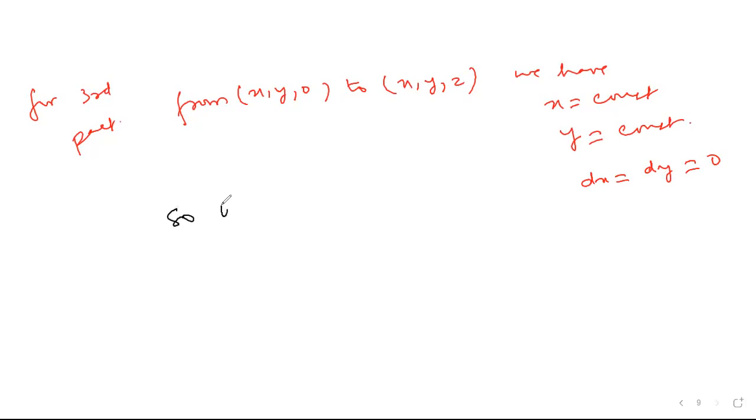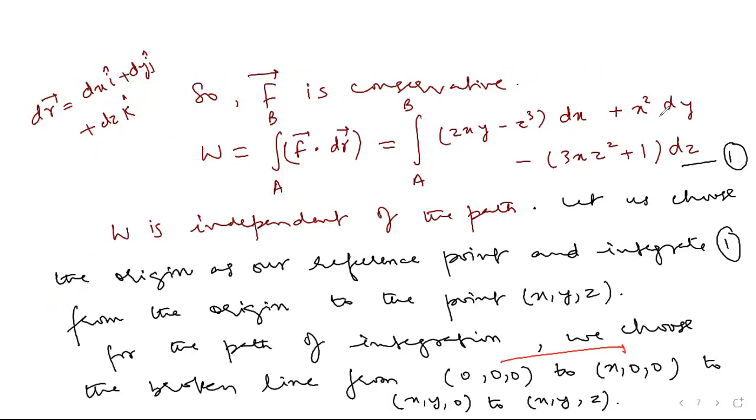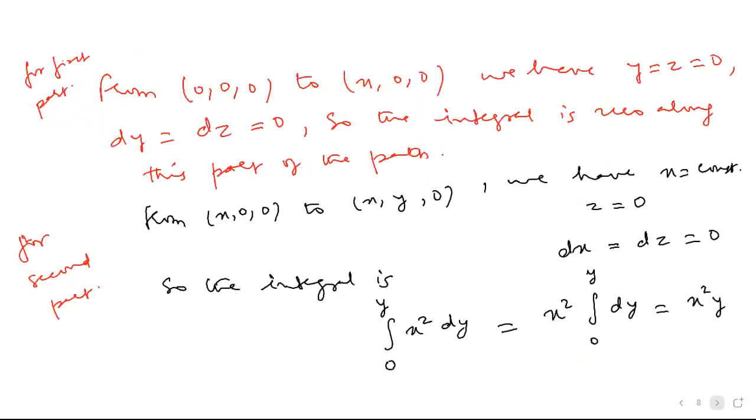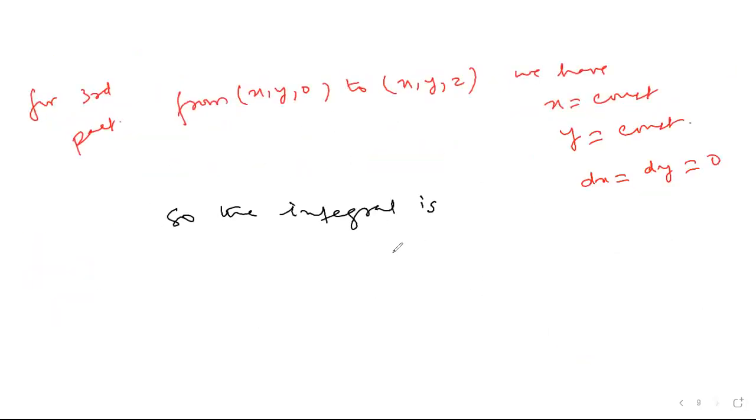So the integral is, what is the integral? We have dx and dy 0. Dx is 0, first term goes, dy is 0, second term goes, only third term remains. That is the integral, third term is negative. So the integral remains negative, 0 to z. Limit of integration is on z. And along z, we move from 0 to z.